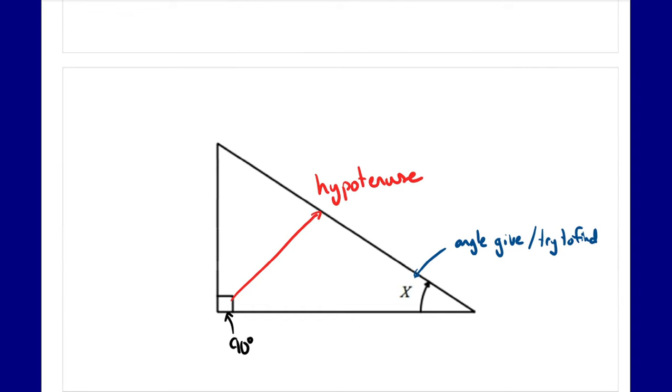It is the longest side, it is across from 90 degrees, it is our diagonal. Across from the angle that's given to us is our opposite. And the last side, the side that's beside our angle, is the adjacent. So it is important that you know how to label these three sides because that's going to be key to using right angle trig.